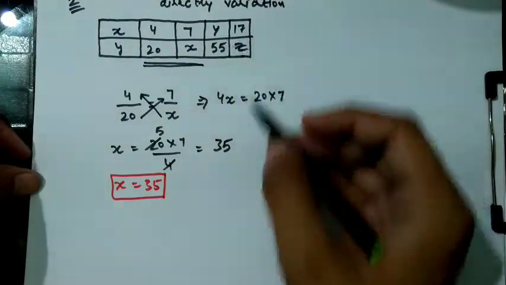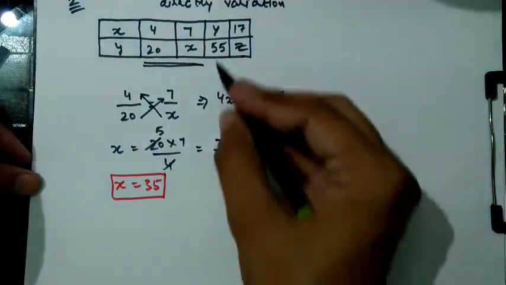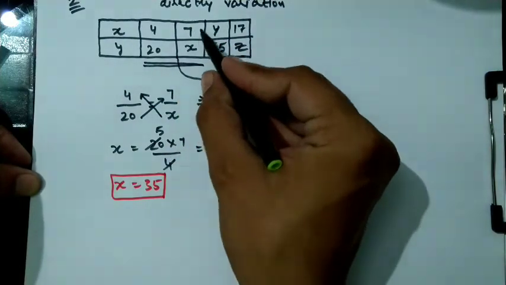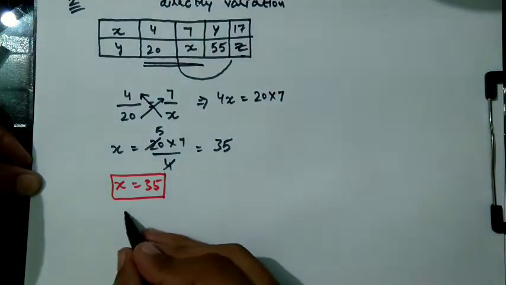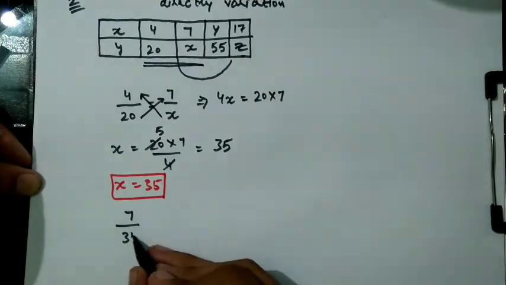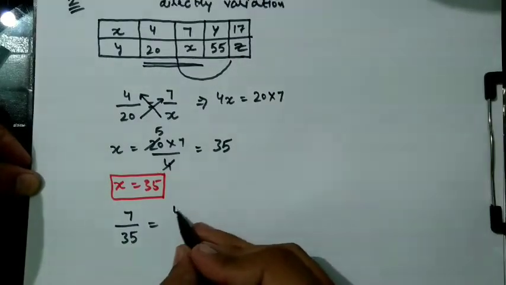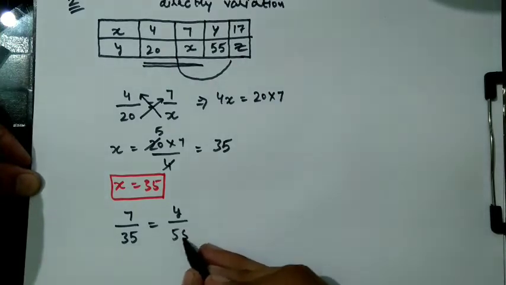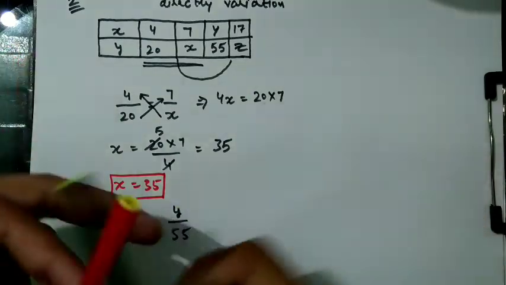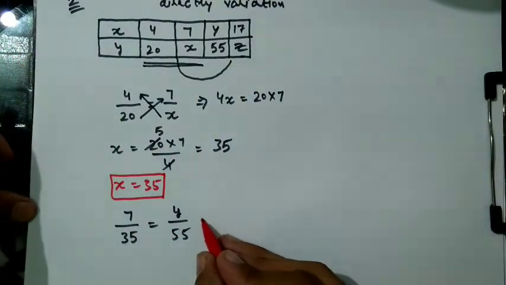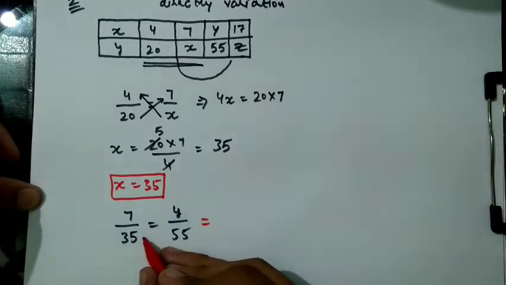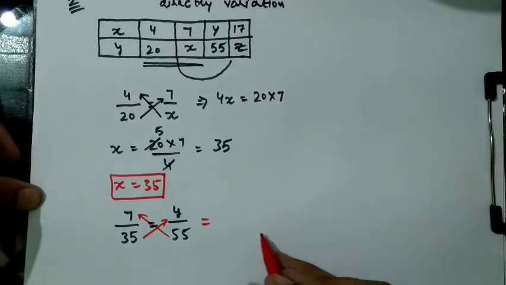So now you have to find the value of y again. In the second portion, you know that it is 7 over 35 because we have found the value of x. So in the second case, 7 over 35 is equal to y upon 55. Now by cross multiply we have to find the value of y, right? Cross multiply again, this by this and this by this.